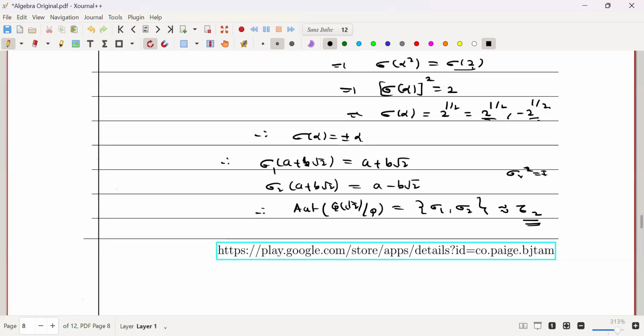So therefore the order of the Galois group of Q(root 2) over Q is equal to 2.